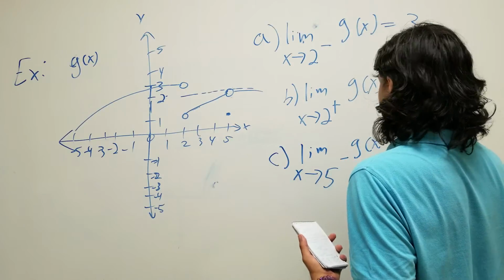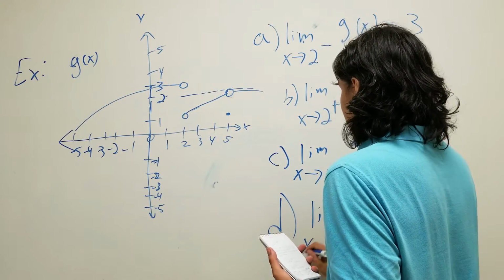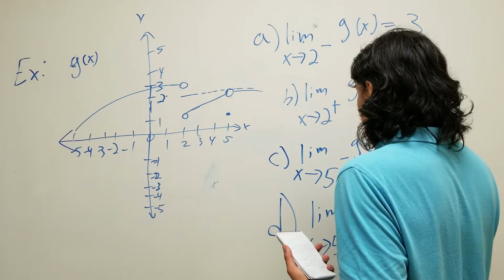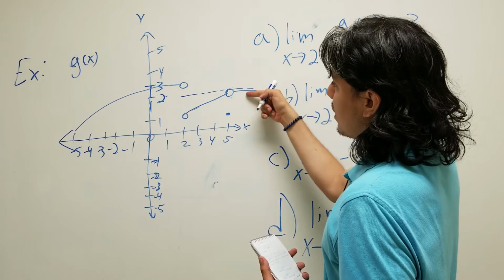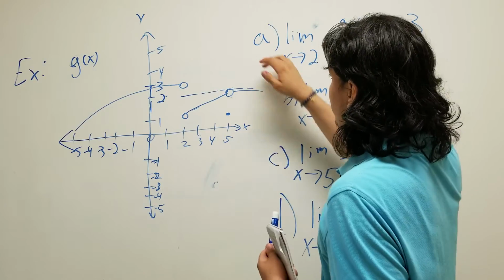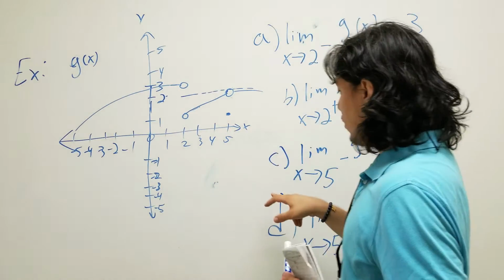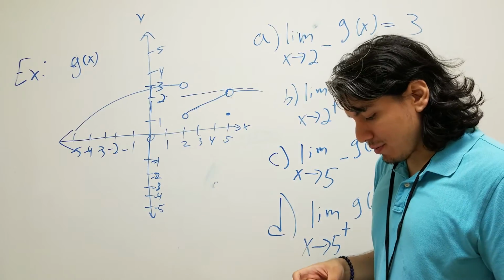So it's approaching 2 here, and same goes for the limit as x approaches 5 from the right. We can see if you approach it from the right side of this function, it's also 2. So for a and b, the limit does not exist, but for c and d, the limit indeed exists.